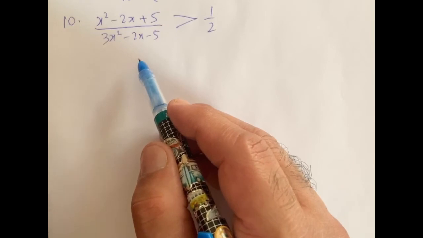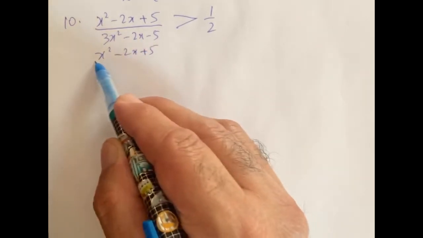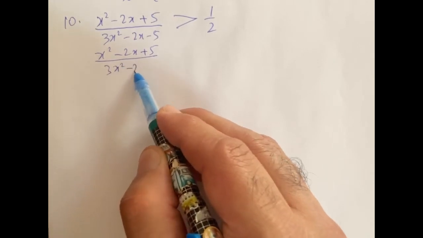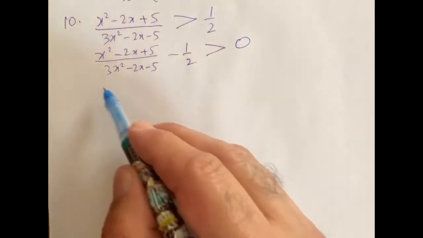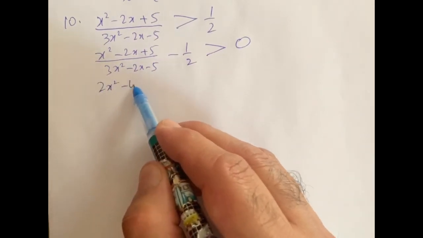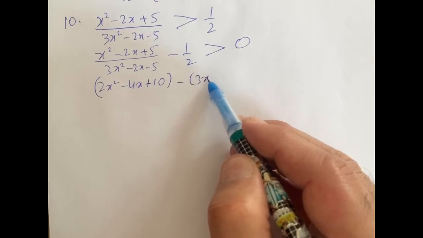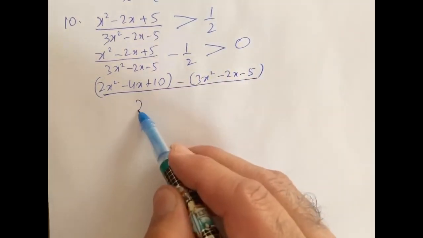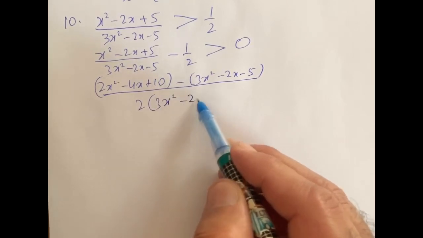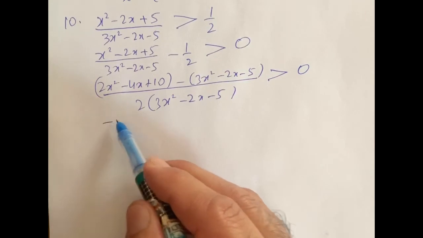First of all, we shift 1 by 2 to the left hand side. This is 3x square minus 2x minus 5 minus 1 by 2 greater than 0. That's 2x square minus 4x plus 10 minus this is 3x square minus 2x minus 5 upon 2 into 3x square minus 5x minus 5 and greater than 0.